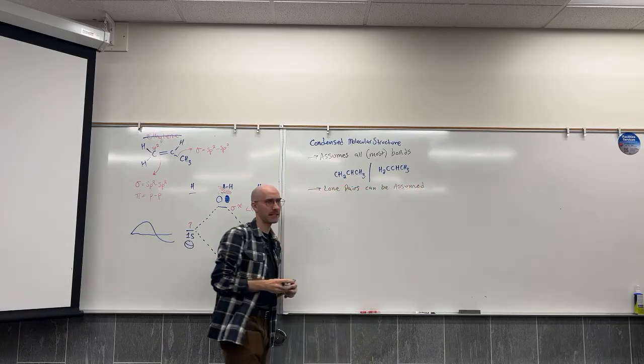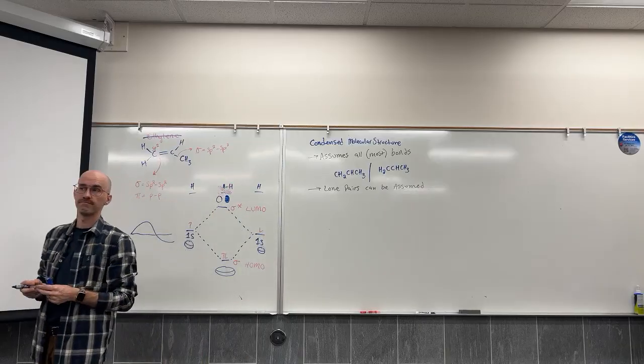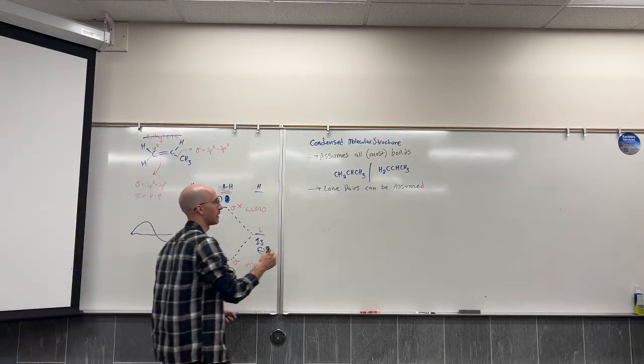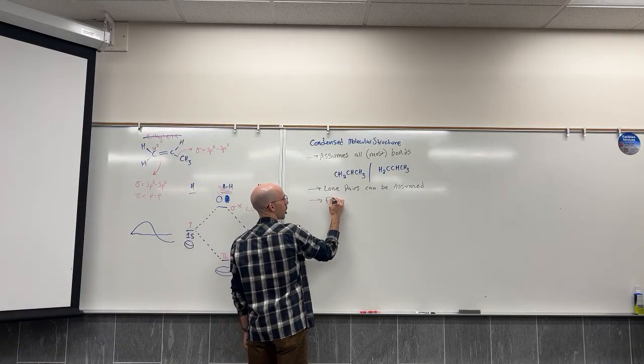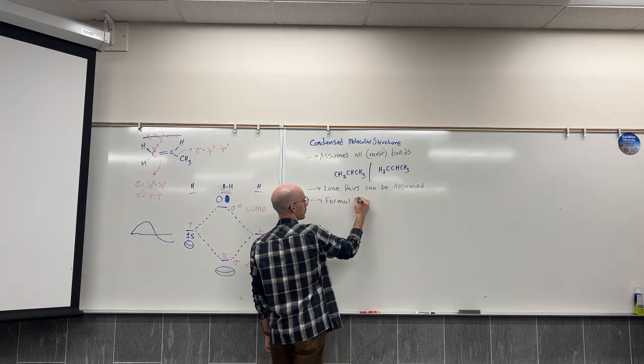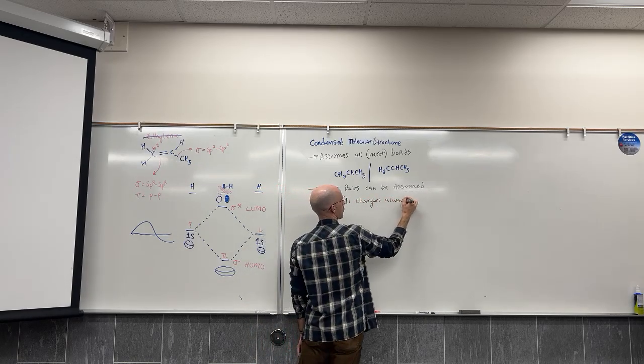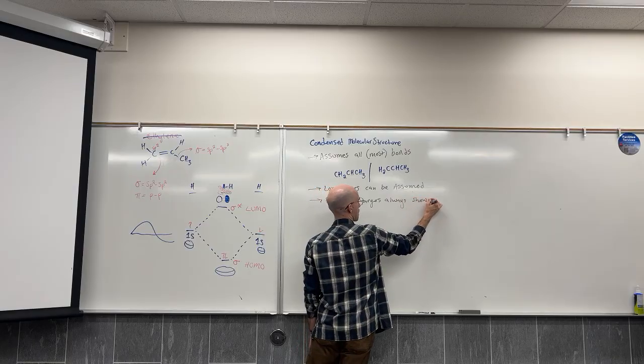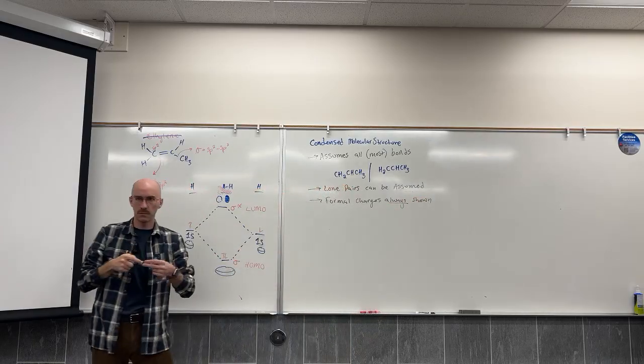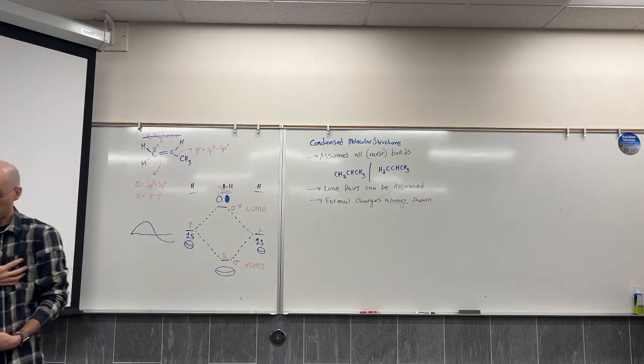And I say can because you don't have to, but it is pretty common that you would. But formal charges will never be assumed. Formal charges are always shown. But it takes some deciphering.